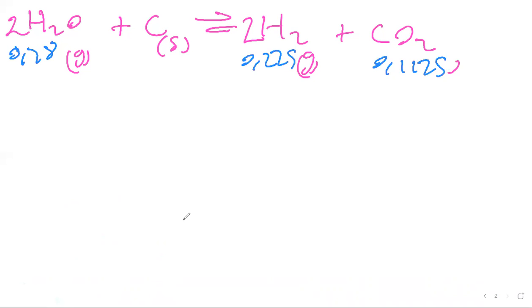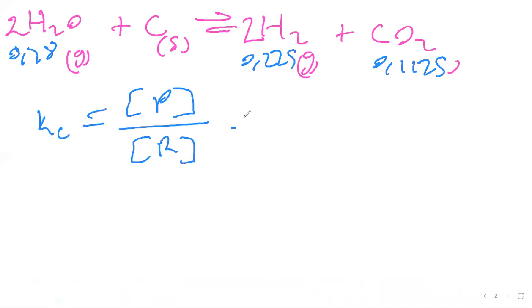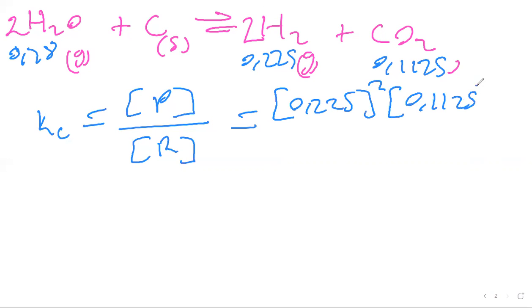Okay, now I'm calculating Kc. The question says calculate the equilibrium constant. So our equilibrium constant is equal to the concentration of products divided by the concentration of the reactants. For the products we have 0.225 squared, multiplied by 0.1125.